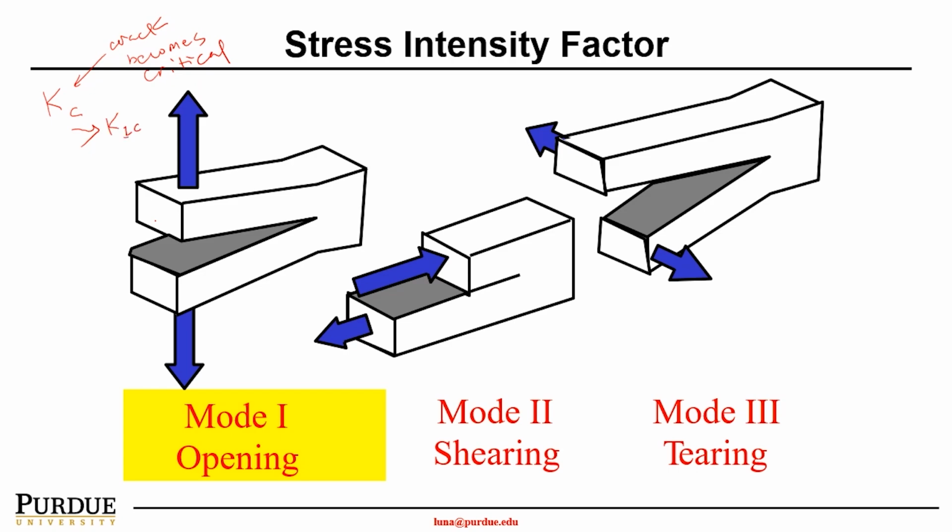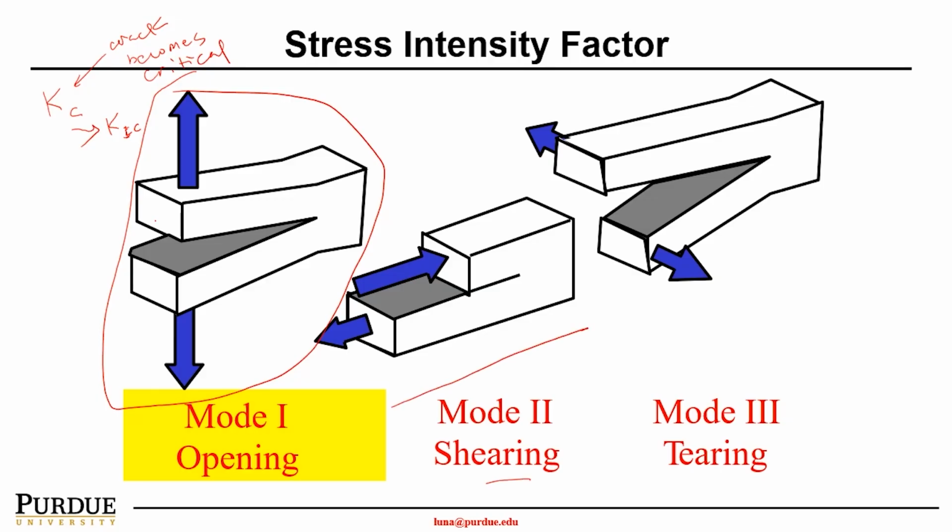So K1C is a plane stress intensity factor. There are three modes of crack opening. One is just opening under normal stress, the tensile loading. Or you have a sliding effect, which is mode 2, the shear.